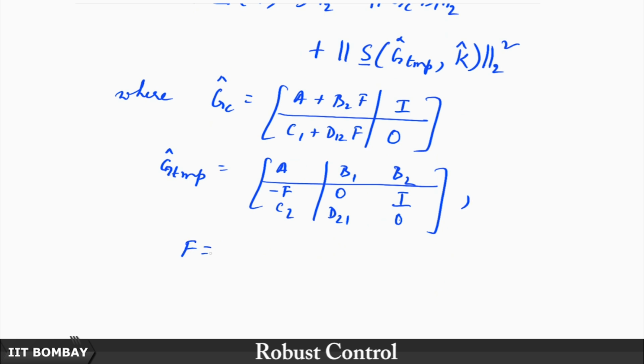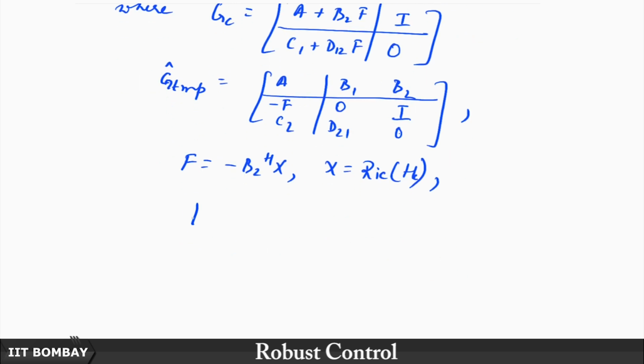What is F? F is equal to minus B2 Hermitian X. What is X? X is equal to the solution of the Riccati equation obtained from the elements of HC. And what is HC? So, there is a sequence of steps, you see. That is why I said it is a big statement, you have to concentrate a bit.